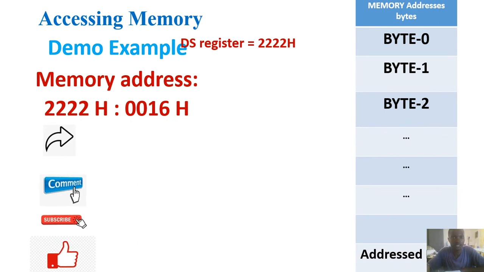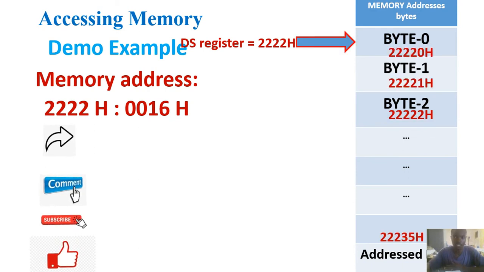Then the starting address, our data segment register has that. How do we calculate the starting address? We multiply the data segment register by 10. We get that starting address. So this is our starting address.